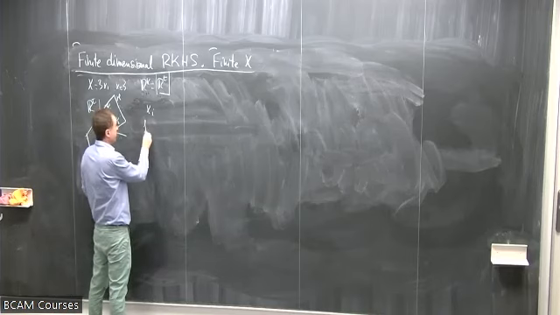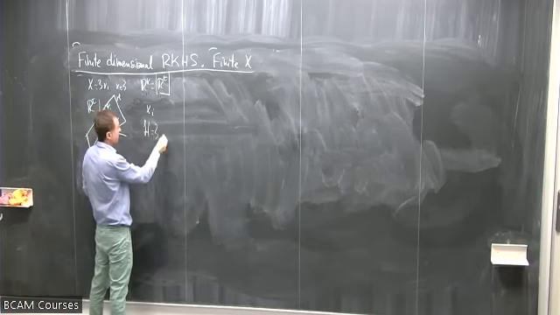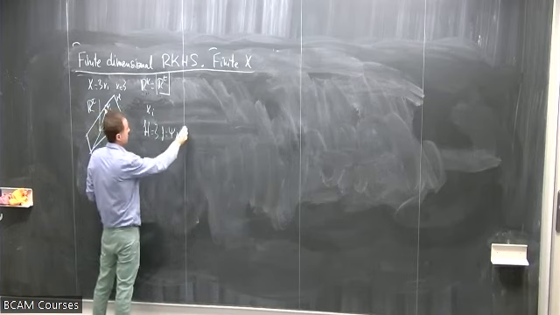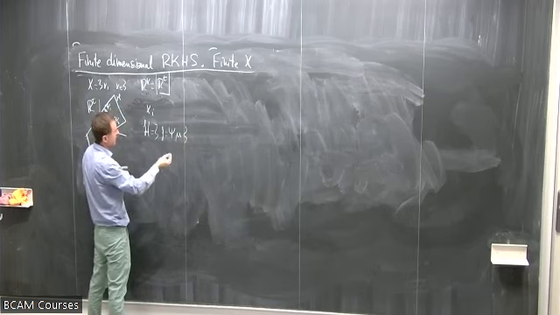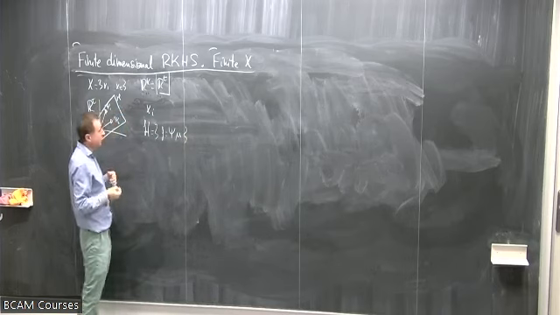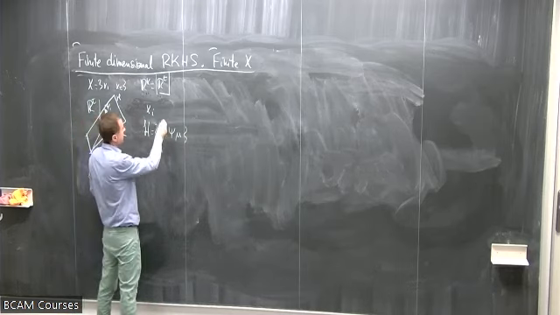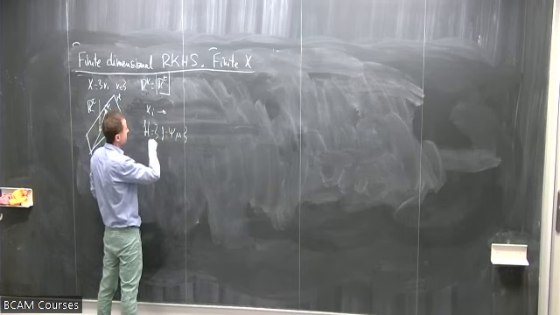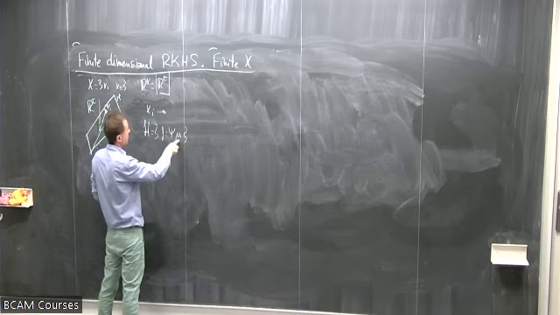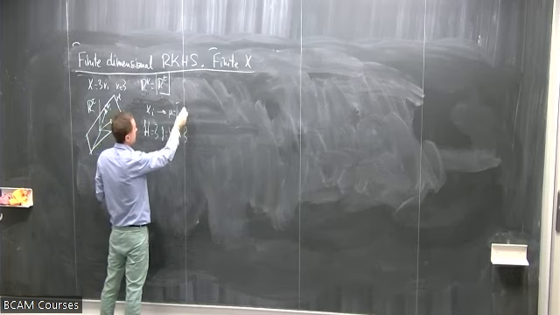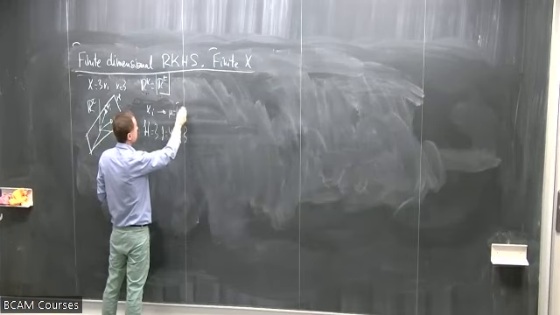H is the set of functions that are C times mu, for some coefficients mu. So to represent X in here, we can use as mu the features evaluated at that Xi.